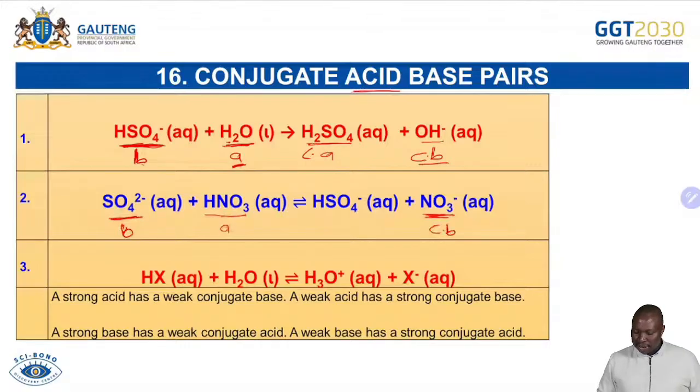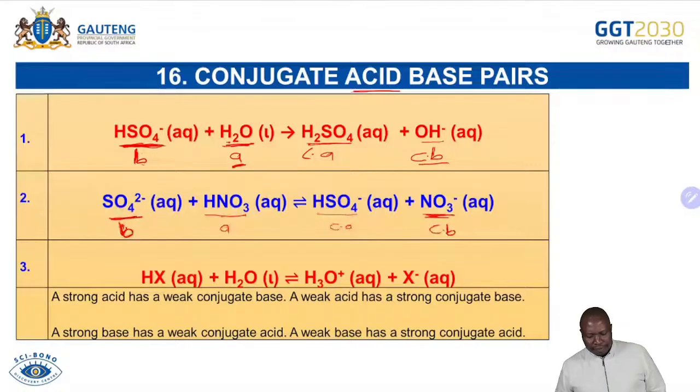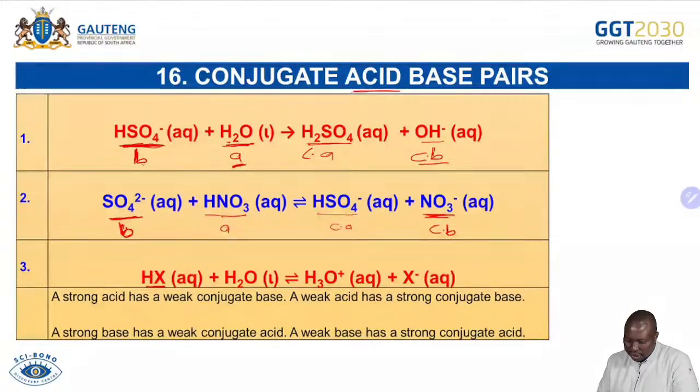And SO4 2 minus, we said it's a base, which makes HSO4 minus a conjugate acid. So the one that you are referring to as an acid would always have the advantage of having an extra hydrogen ion. The last one, we're given HX and water. And then that HX and water, if you look at it, you will have your HX and water forming H3O plus.